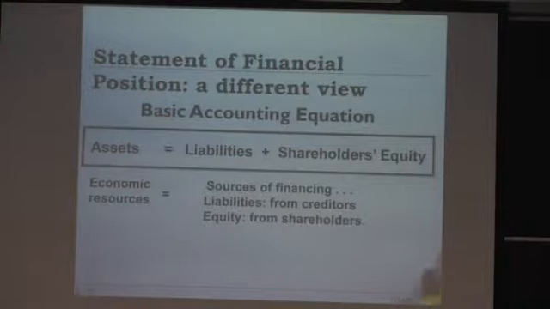So let's take a look at this question. They gave us a list of different accounts and amounts. The first question asks us to classify each of these elements as either A for asset, L for liability, or SE for shareholders' equity.